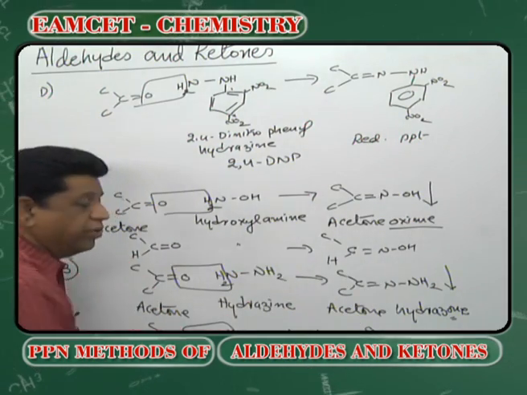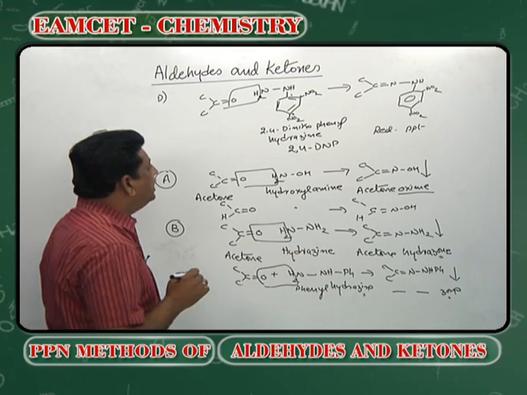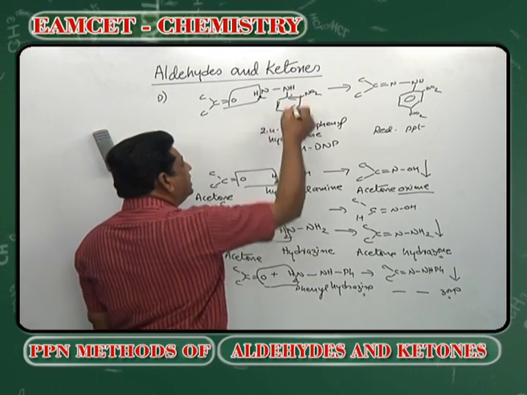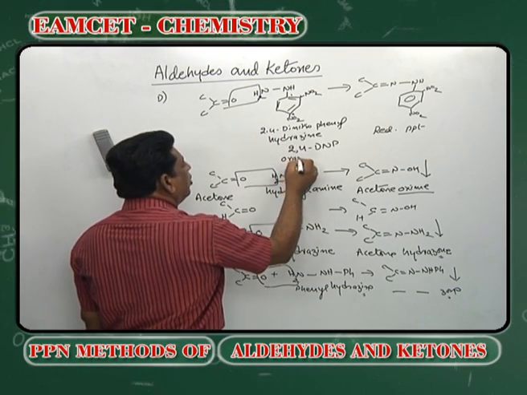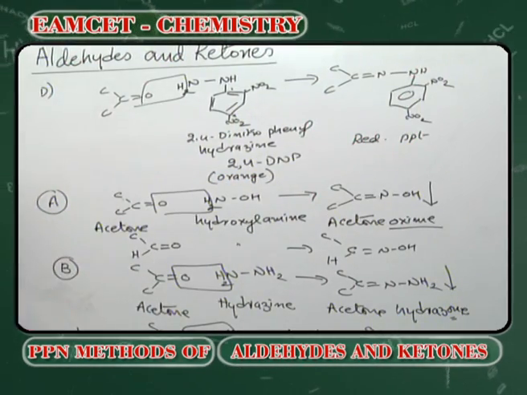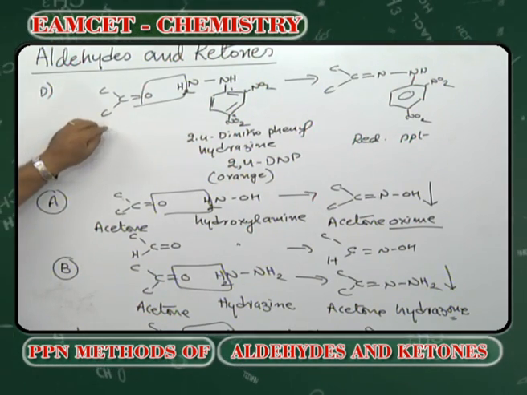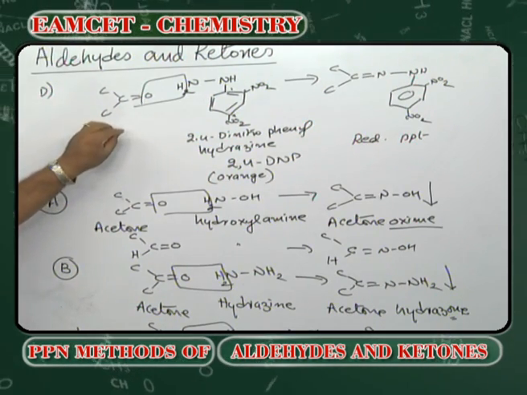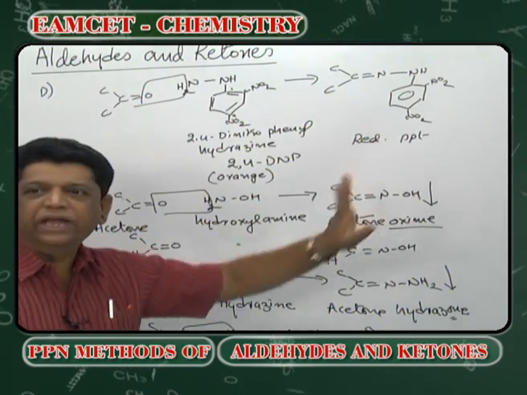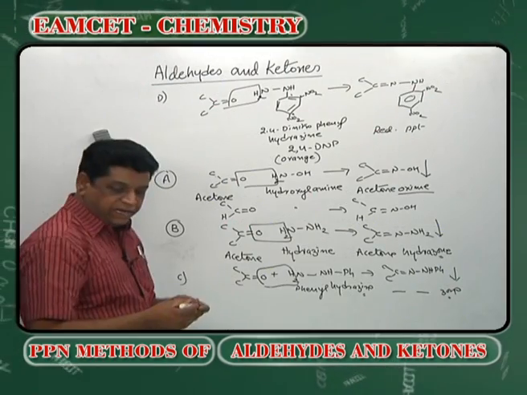Previously, all these compounds are white, but this is a red precipitate. The reagent itself is orange colored. It is dissolved in a small quantity of alcohol, then added to the carbonyl compound. If the compound is a carbonyl compound, either aldehyde or ketone, immediately you will get a red precipitate. So that is the importance of this reagent.